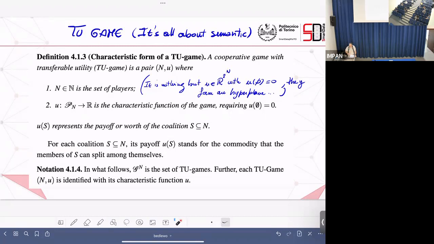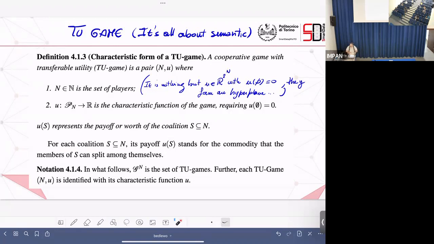And you say you have a game if the vector has the empty set entry equal to 0. Practically, the idea is this: you have something, a good, and you form a coalition to try to obtain this good, and you have an evaluation of the result.